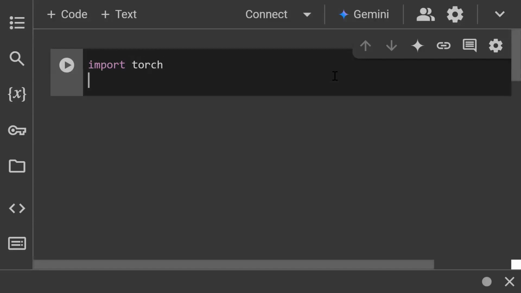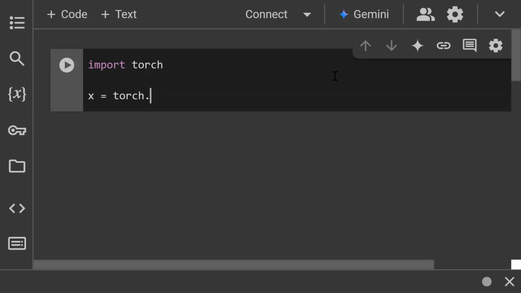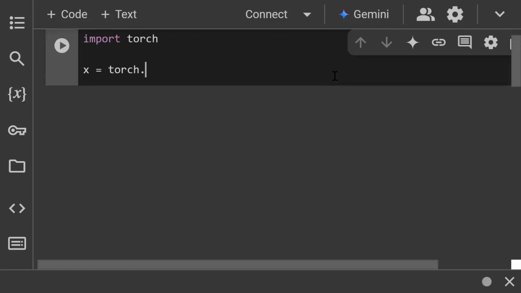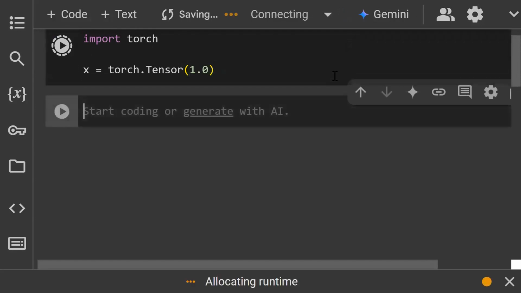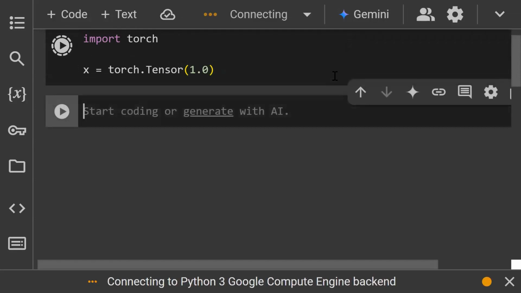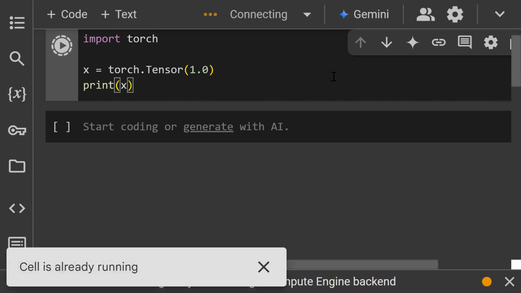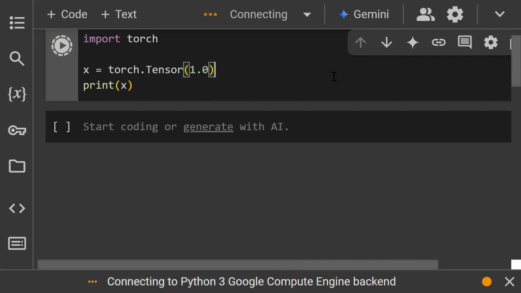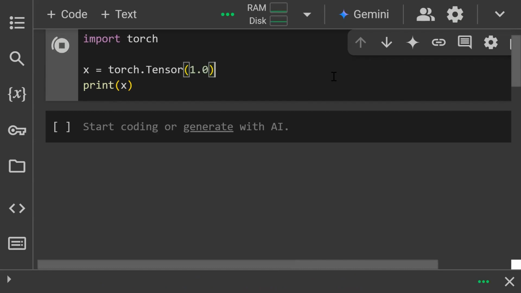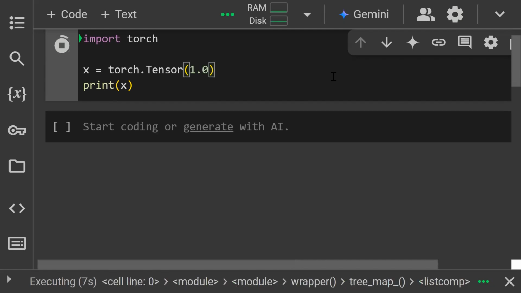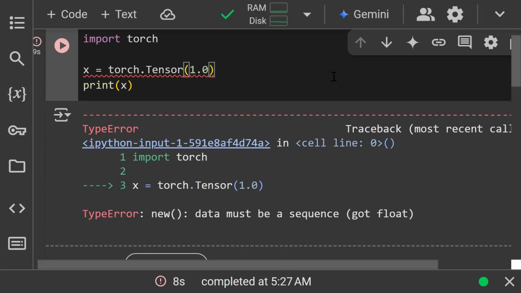As usual, I'm importing Torch. And let's say x is my tensor. Oh, sorry.